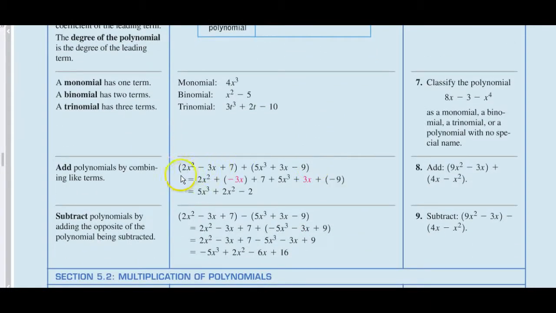And when we add polynomials, we do so by combining like terms. A like term has exactly the same exponent on the variable. Could be in a different order. Let me just go over that.